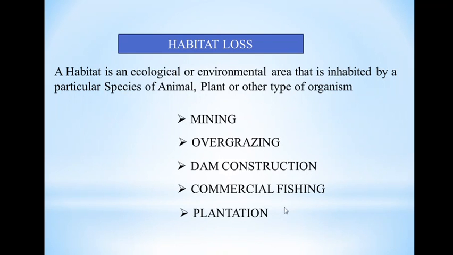And another reason for habitat loss is plantation. Plantation is done as monocultivation. In India, generally, for example, acacia, eucalyptus, that is the Nilgiri, what we say, and casuarina, rubber, tea and coffee are exhaustively grown as plantation crops. And these plantation crops are monocrops, we say monocultivation.